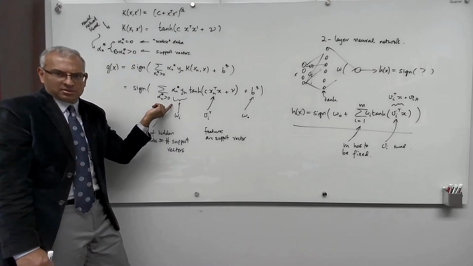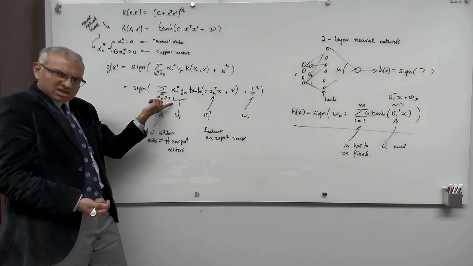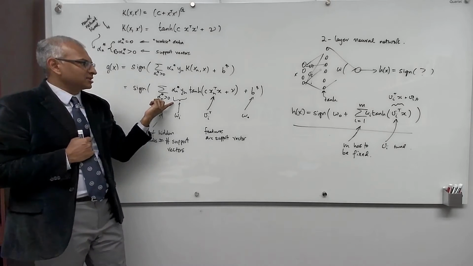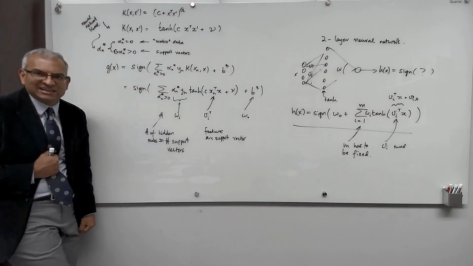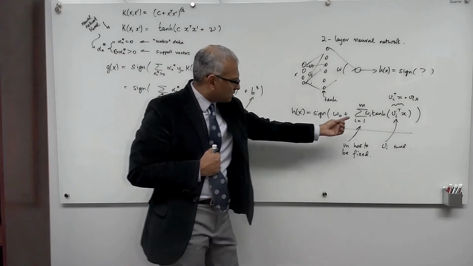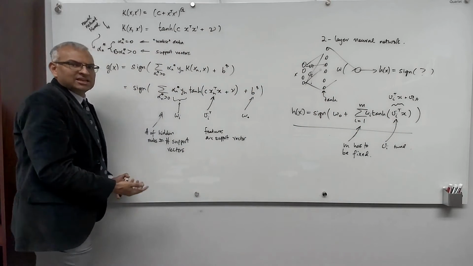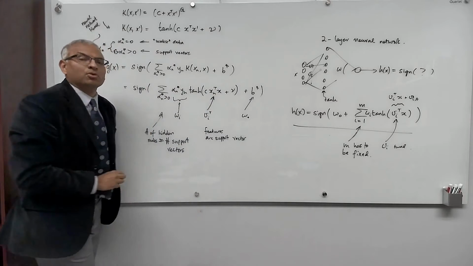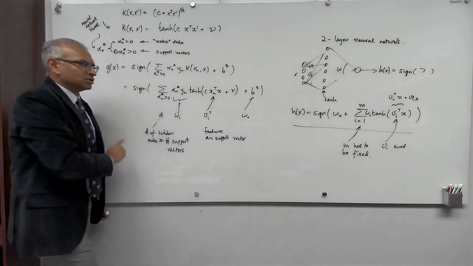So the number of hidden nodes in your first hidden layer is the number of support vectors. That's automatically determined. And then also these weights. The feature transform that is being implemented by the first hidden layer is automatically determined, and it's very simple. It's related to the support vectors. So everything is automatically determined, and we're simulating the neural network.